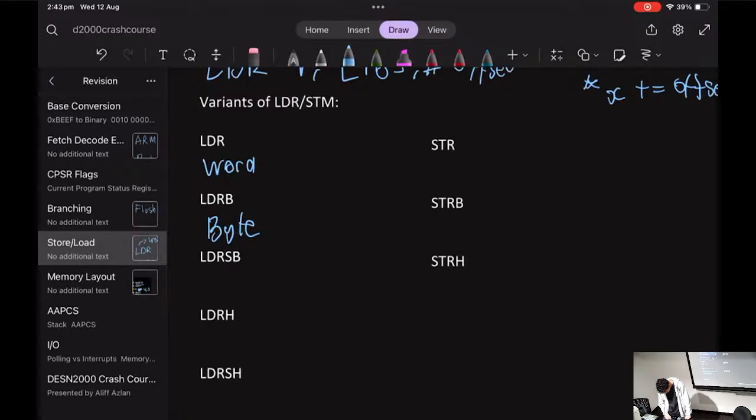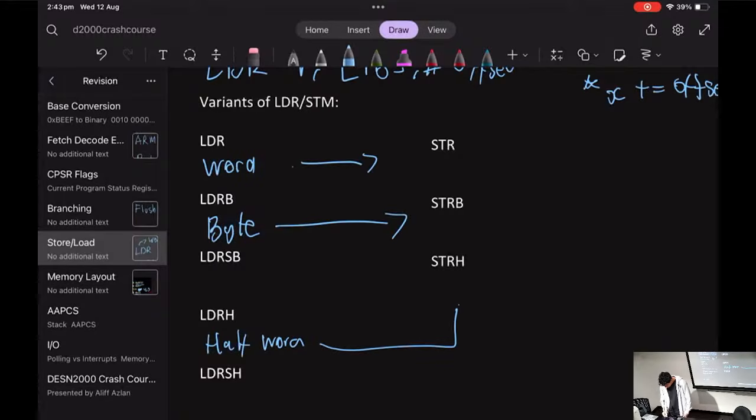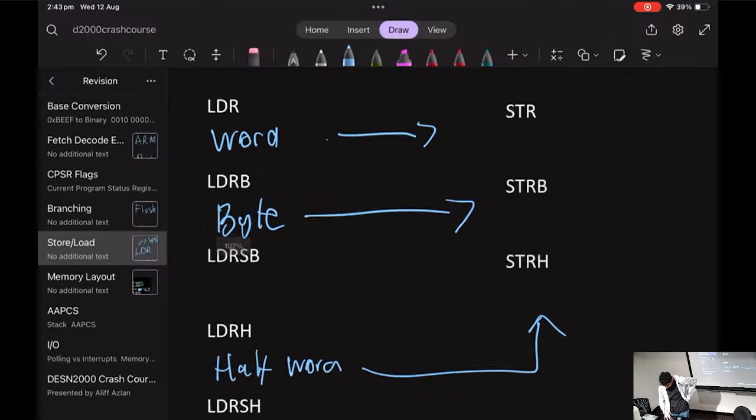This stores a half word. And same thing here. But now LDRSB and LDRSH. What does that mean?